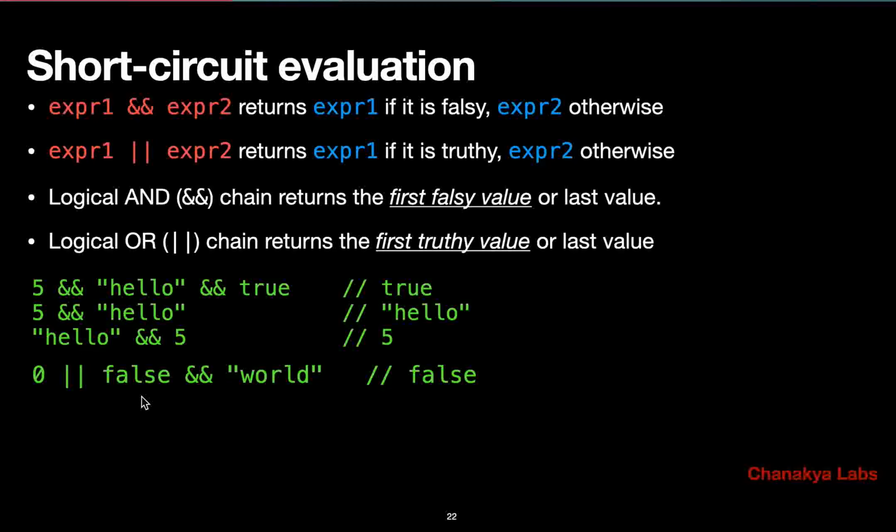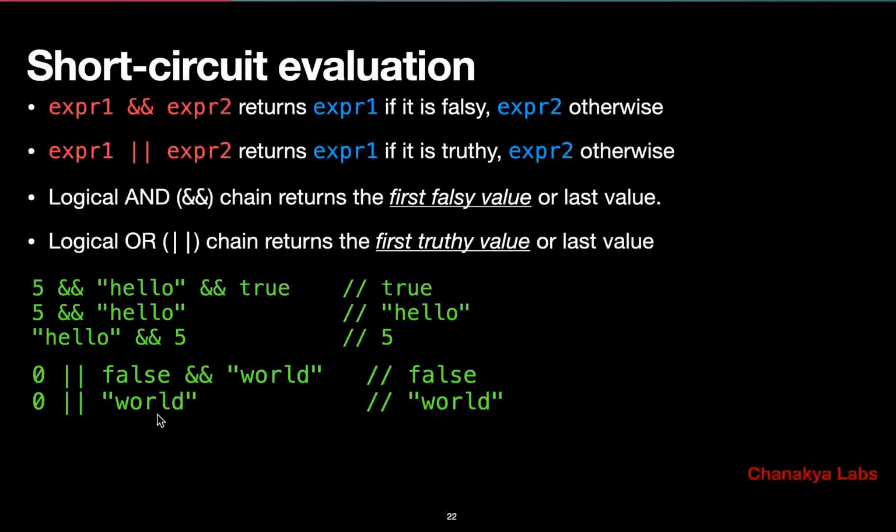So in this case, 0 or false and world turned out to be false, and then 0 or false, I know that since this is falsy, I have to go ahead, right? The OR chain only returns for truthy, so it has to go ahead and see the next value, and the next value is false, which means this whole expression value is false.